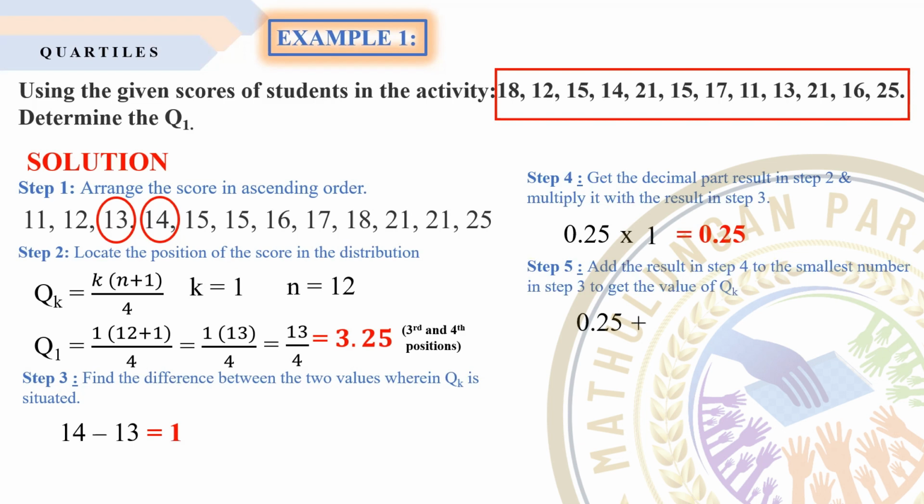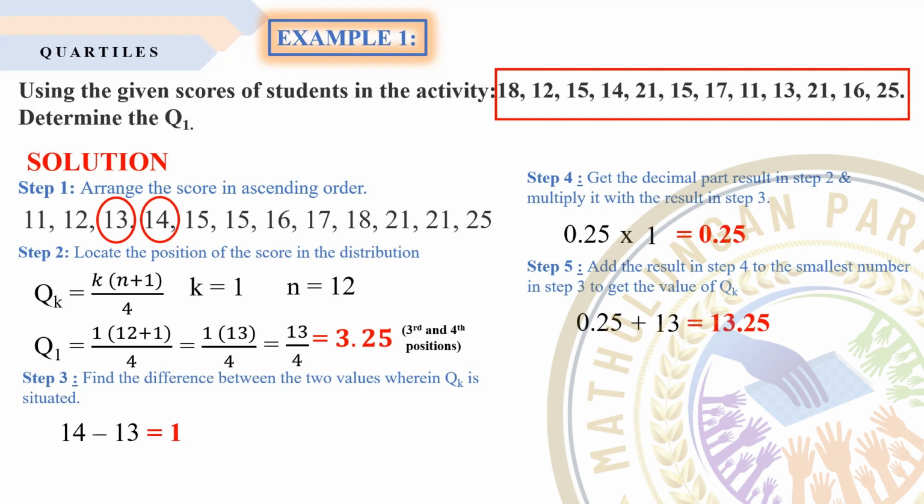So remember, dalawa lang yung given natin sa step 3, ang third position at fourth position, so, ang 14 at ang 13. So, ang pinakamababang number ay 13. Therefore, i-add natin ang 0.25 na nakuha natin sa step 4 plus yung 13, which is 13.25. Therefore, ang value ng ating quartile 1 ay 13.25.